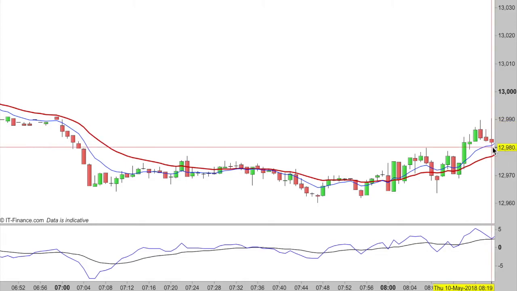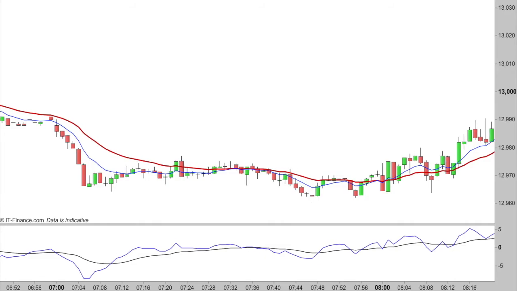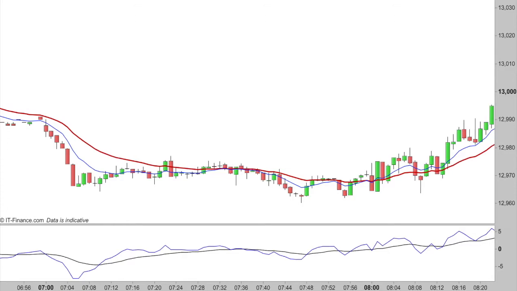So the market comes down to the moving average and they buy. The market comes down to the 8 moving average, they buy. The market comes down to the 20 moving average and they buy. And it's only when they don't buy at those levels that you've got an indication that the market may be ending its trend. But anyway, in this case, the market continued going up. And by this stage, you can start thinking about drawing in a trend line.